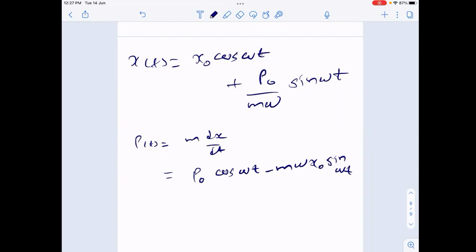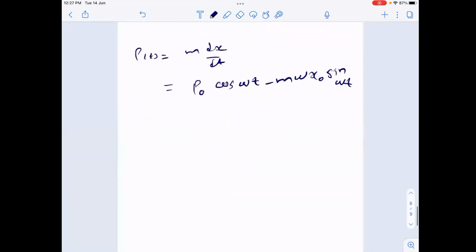So what this says is that the harmonic oscillator is a case of a stationary state problem, and we can show that the Hamiltonian is independent of time. How? What will be the Hamiltonian? It will be kinetic energy plus potential energy.